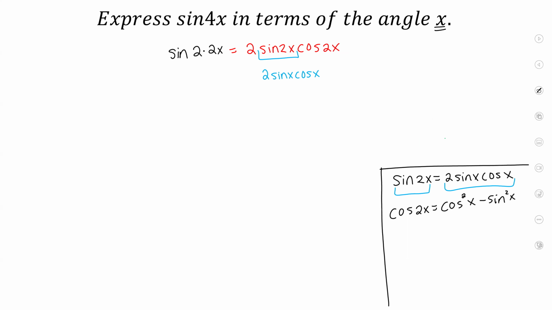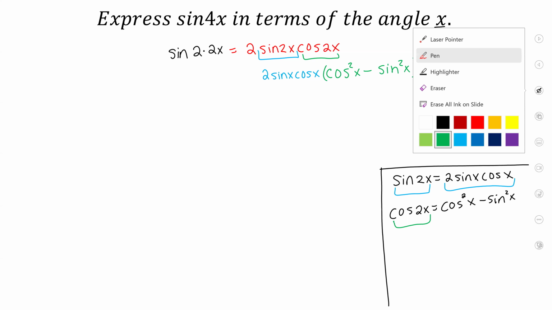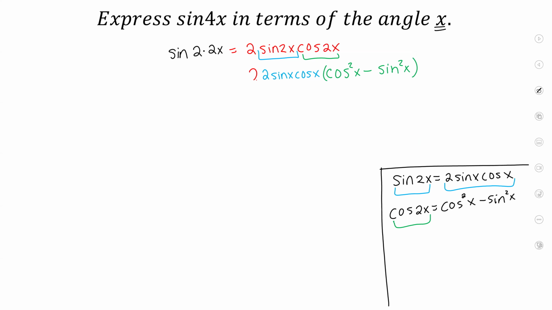And look, cosine 2x, that's right here. So I'm going to put that in as well. And let's not forget that 2 in the very front. So I'm just using my identities. 2 times 2 is just 4.